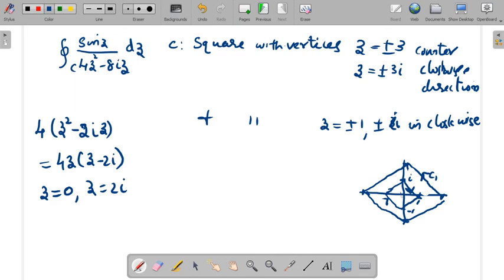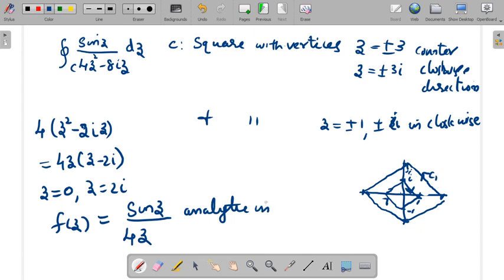Now 0 is outside this region and 2i is inside this region. So you can write f of z as sin z divided by 4z, and this function is analytic in the region.